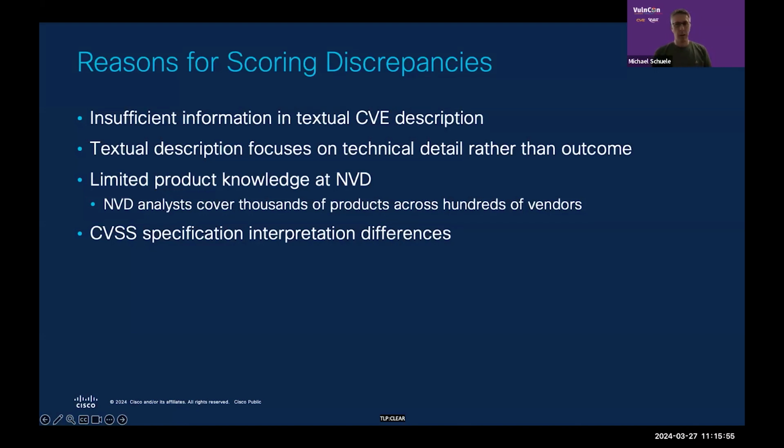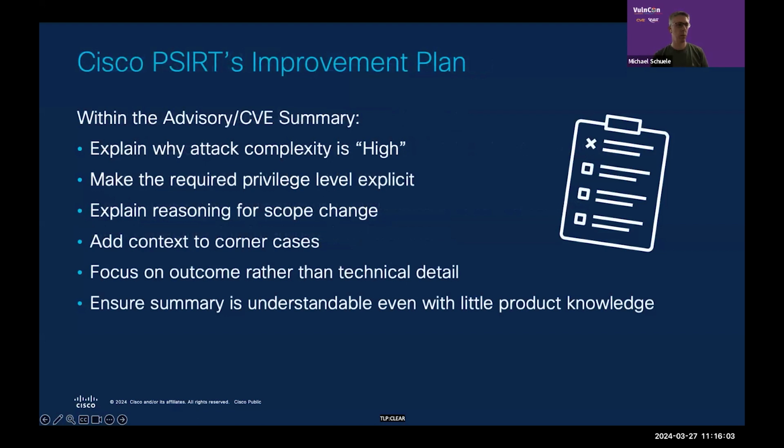So now that we have identified what the reasons were, what are we going to do next? There are some things that Cisco plans on changing to improve the situation here. This focuses mostly on the advisory and CVE summary, which is totally the same for us. So our advisory summary is what we're also submitting as the CVE summary.